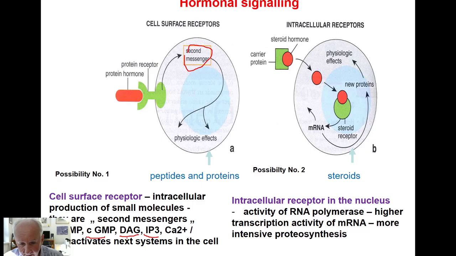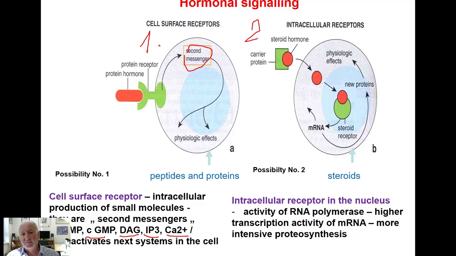So these are the second messengers, and they activate inside the cell a new system so that the cell can produce a bigger amount of hormones, proteins, and steroids. So this is the first important system, the cell surface receptor.